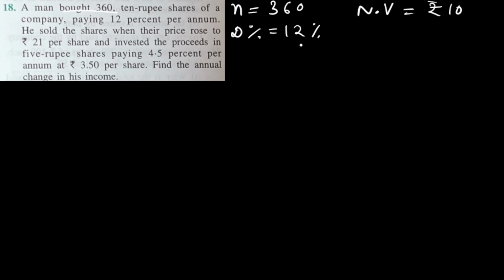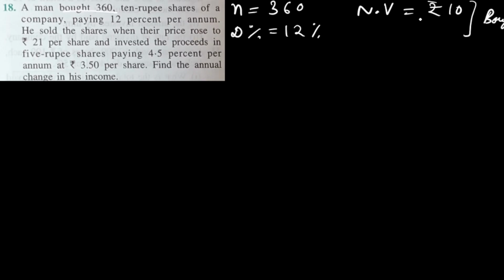Moreover, a company pays dividend only. So this is dividend percent. He sold these shares. Here I have written the things when he bought these shares. Now he sold the shares when their price rose to rupees 21 per share.